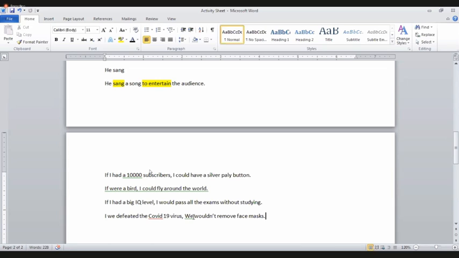If we defeated coronavirus, we wouldn't. It should be we could remove face masks. If we defeated COVID-19 virus, we could remove face masks.